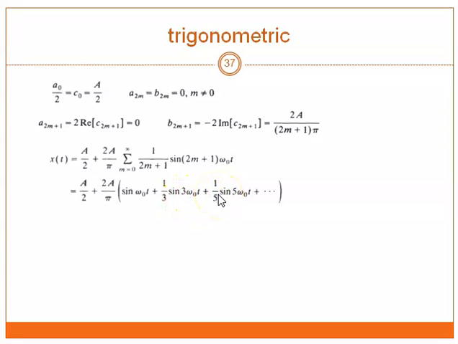After that, m is equal to 2, so 2 times 2 is 4, plus 1 gives you 1 over 5, sin(5ω0t), and so on.